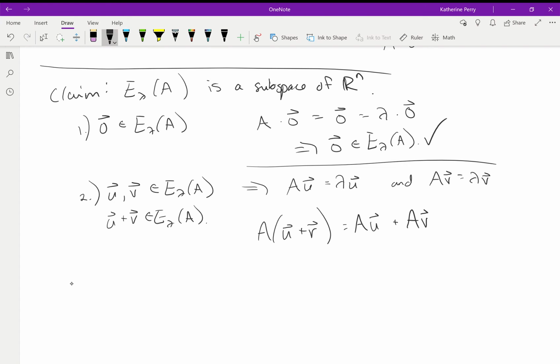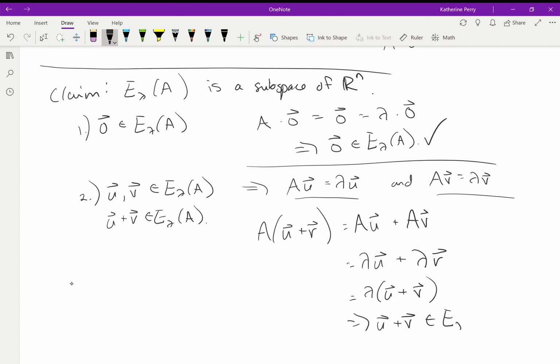But because U and V are in my space, I know these two facts above, so this is equal to lambda times U plus lambda times V. And now since lambda is a scalar in R, I can factor it out. So I get this is equal to lambda times (U plus V), and that implies that U plus V is in my space like I needed.